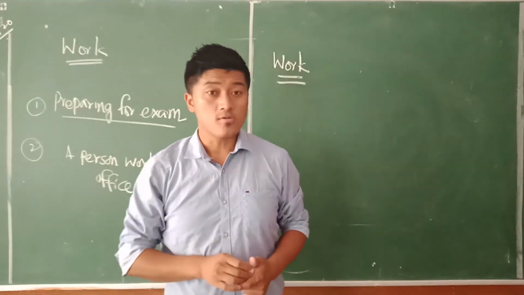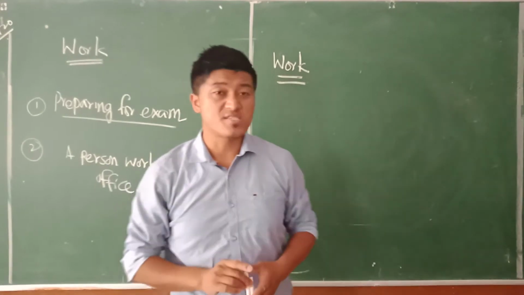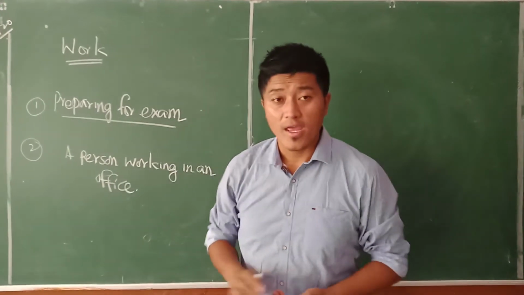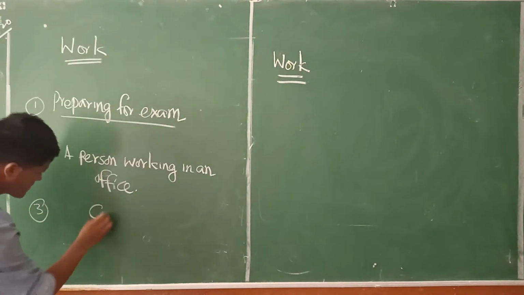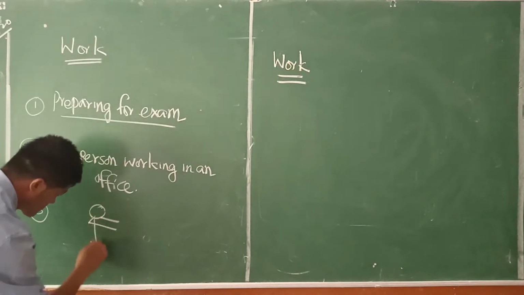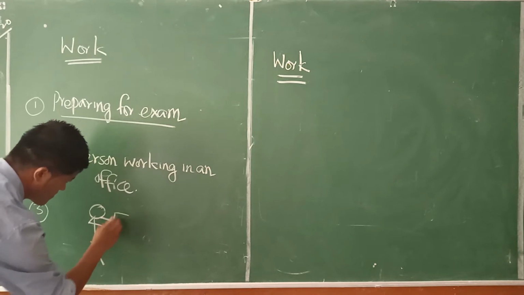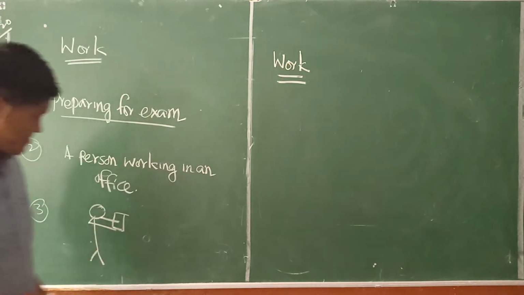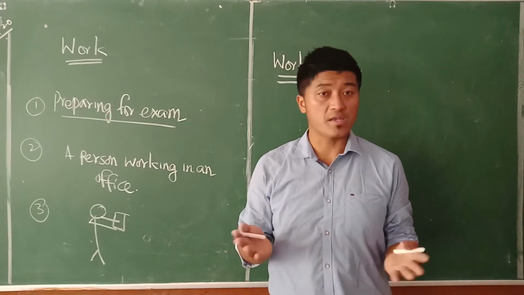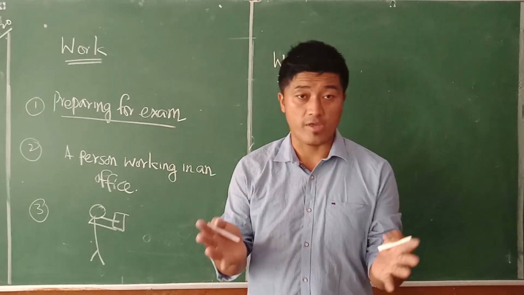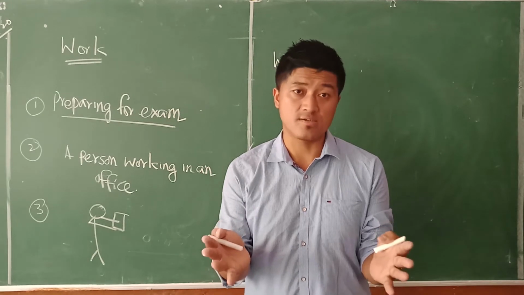Now before I speak about the scientific definition of work, there is also a case like this: a person is holding a block in his hand, but he is not moving, he is in a stationary position like this.